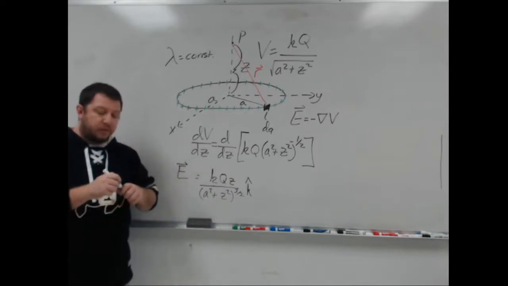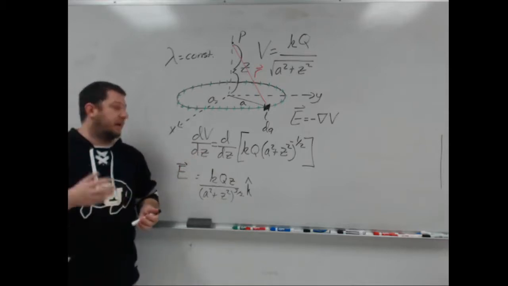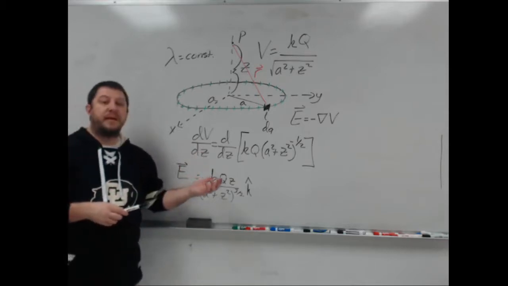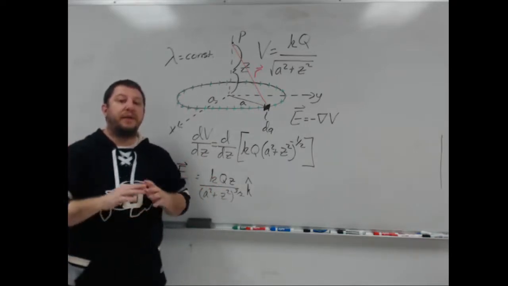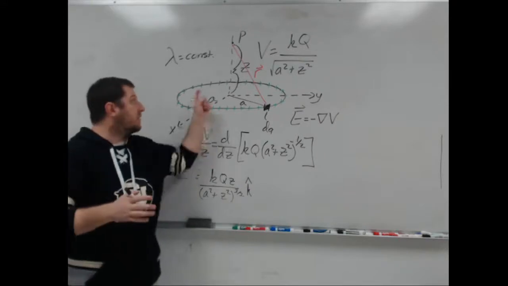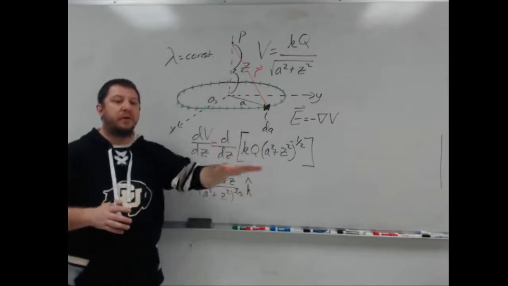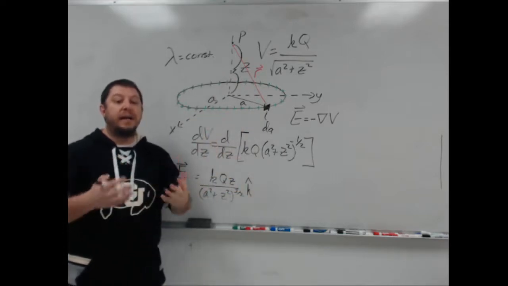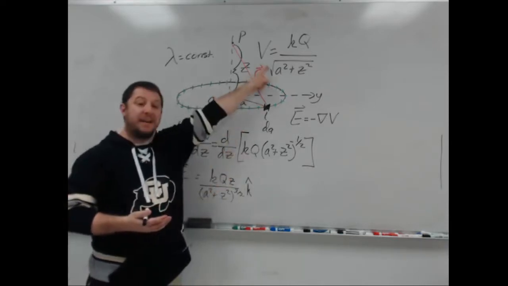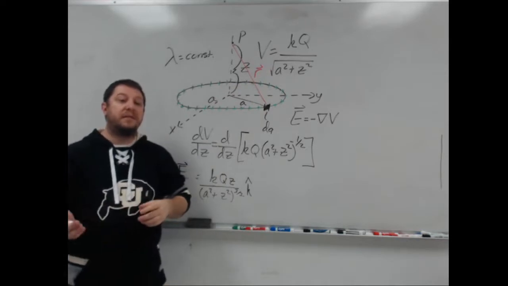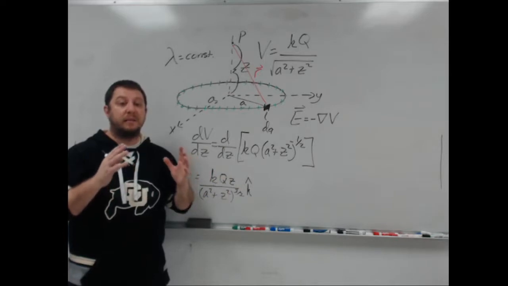Now, the integral method for a charged ring is not difficult in either the electric field or the potential case. But when you have more exotic charge distributions, like even a uniformly charged disk, if this were a CD or a record and we had smattered charge uniformly over its surface, even then the difference between the potential integral calculation and the integral you have to do with the electric field is quite stark.